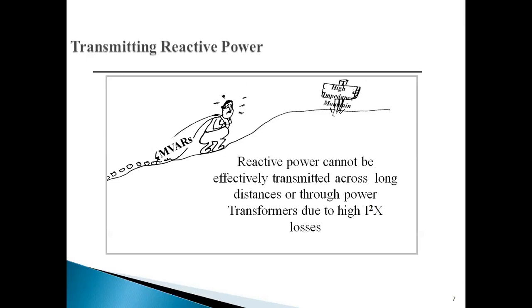Similarly, the transmission line is compared to the ladder, and now the person is climbing up with the bucket filled with water and trying to pour it in the tank. That water is compared to the active power. After pouring it, the useful work, our objective, is to get the tank filled with water. So that is the real power delivered.